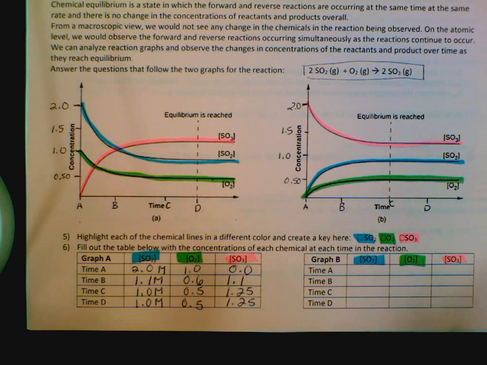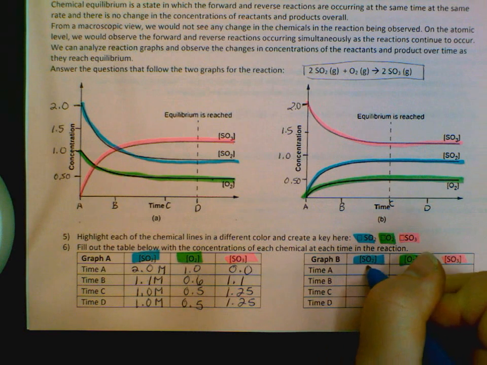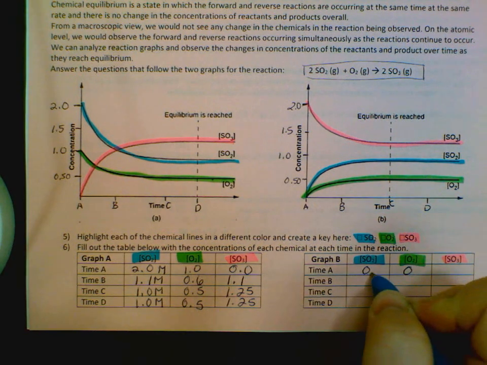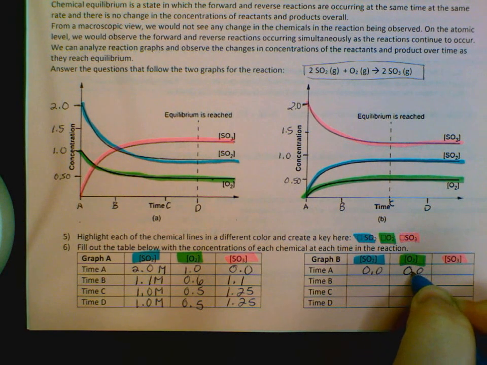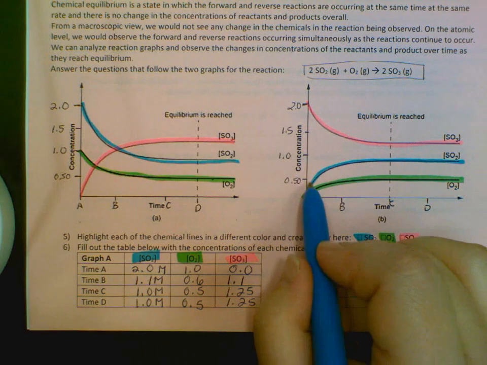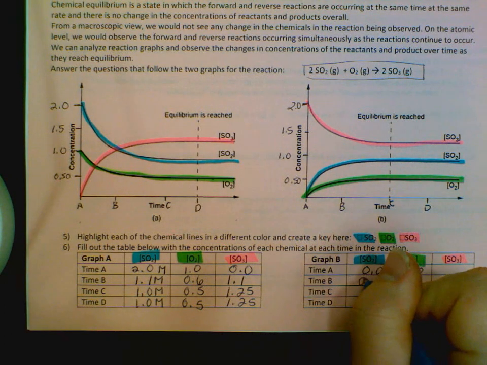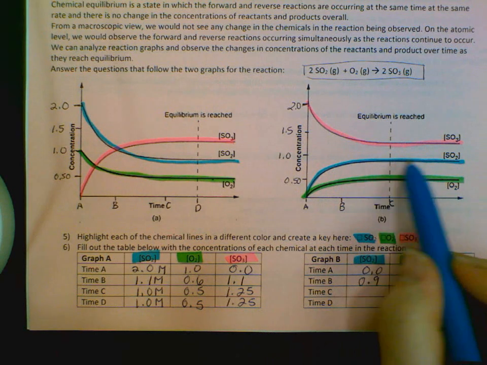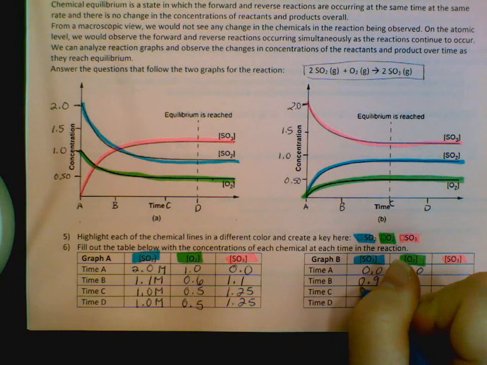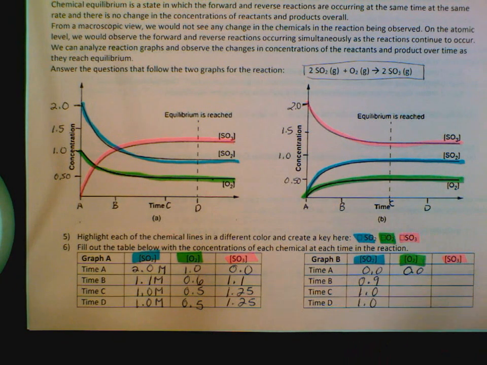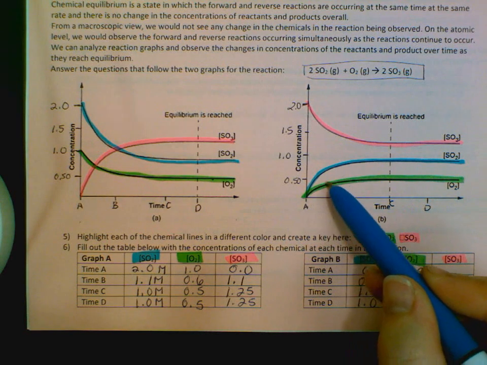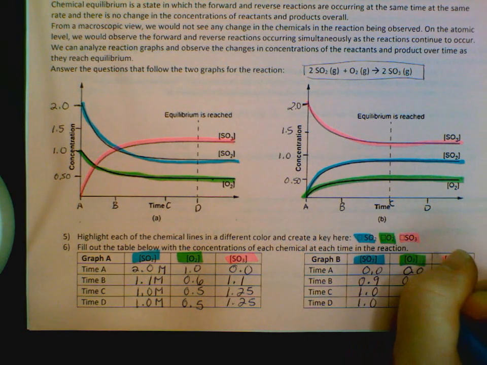All right. Let's do the same thing over here. So SO2 is starting at 0. So is our oxygen. SO2 is increasing probably to about 0.9. And then by C and D, it's at 1.0. Oxygen starting at 0, probably to about 0.4.